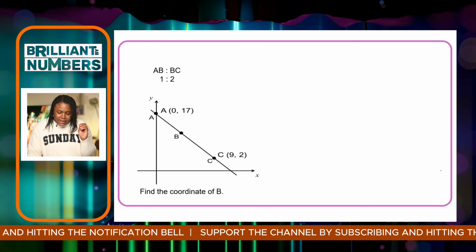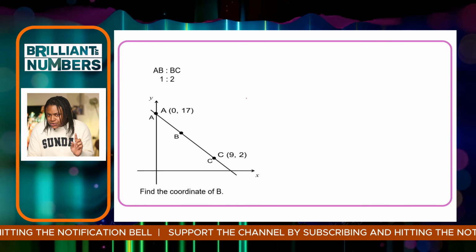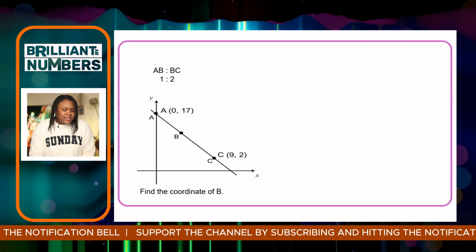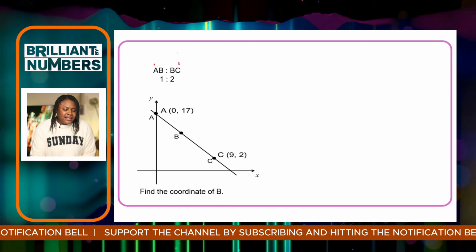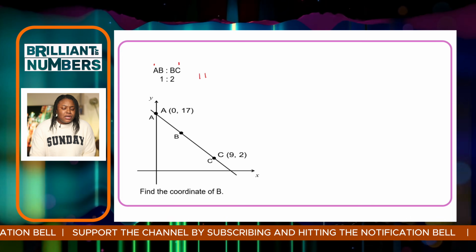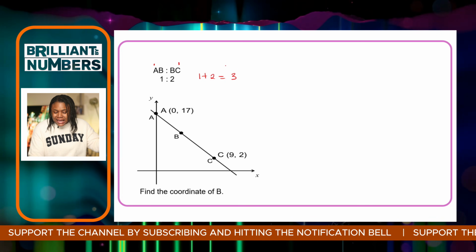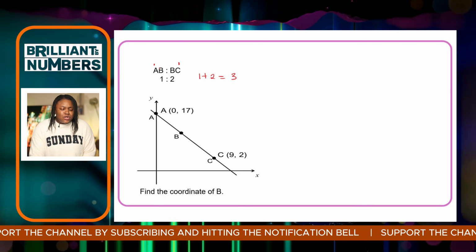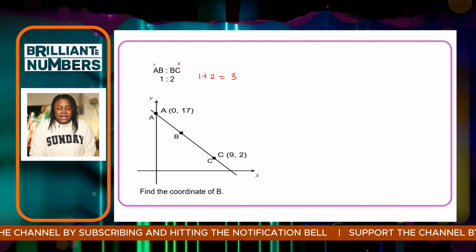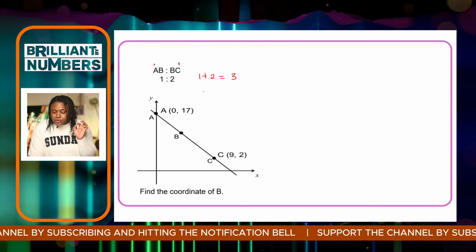So key information here is my ratios. Now I know the distance from A to C is going to be 1 plus 2, which is 3 parts in my ratio. That's the total from A to C. But I notice from A to B is just 1 part out of the 3.